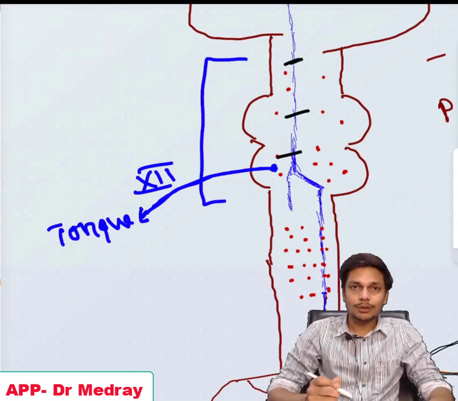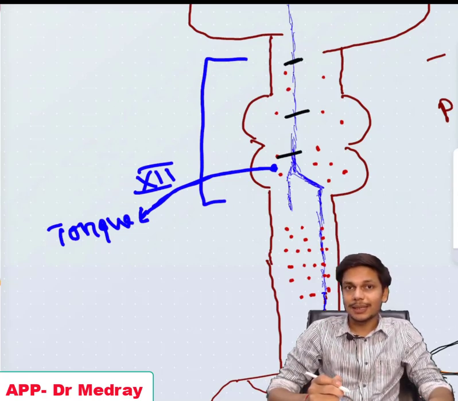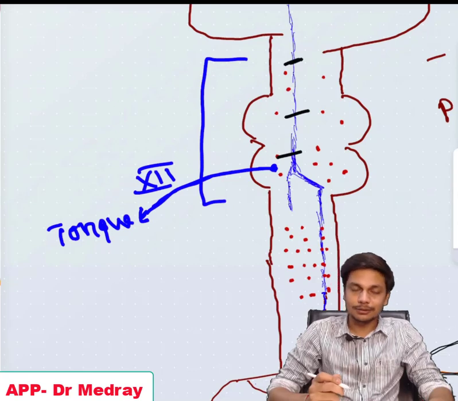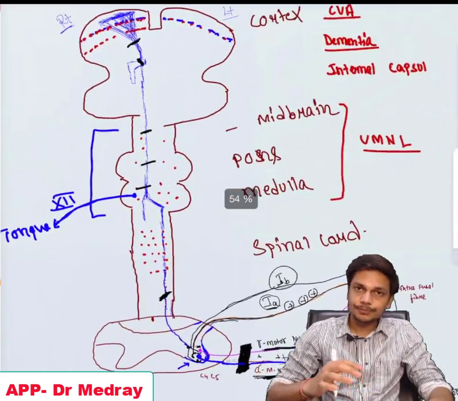So the lower motor neuron, by definition, comes out of the central nervous system and supplies the neuromuscular junction. And then what is the upper motor neuron?